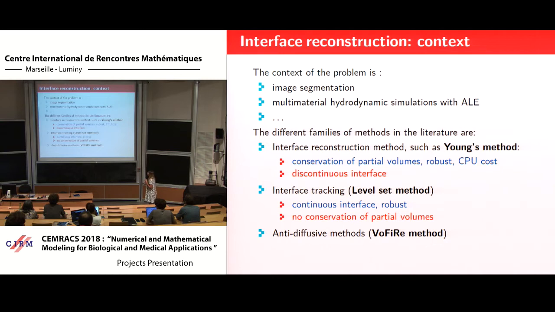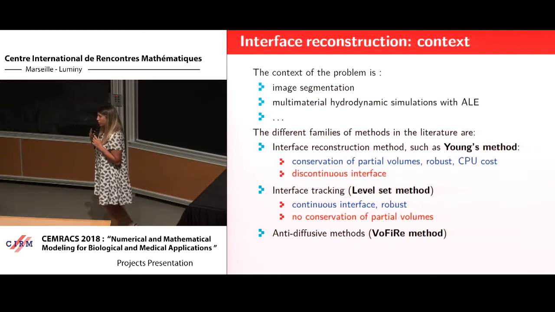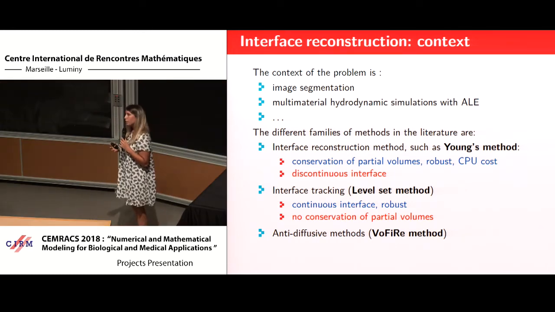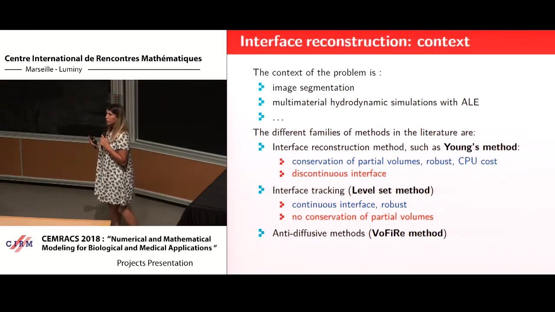So first of all, what is interface reconstruction and in which context do we place it? This problem appears, for example, in image segmentation, or in our case, in multi-material hydrodynamic simulation with ALE. Because when you work with the arbitrary Lagrangian approach, you see the problem from a Lagrangian perspective. So when your material is moving, the mesh is also moving with it.